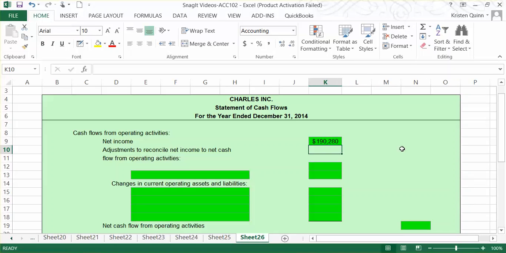They tell us in the additional information in letter C that there were no disposals of equipment during the year. That indicates to us that we can go to our comparative balance sheet and compare the accumulated depreciation from last year with the accumulated depreciation from this year in order to determine the depreciation expense that was recorded on the income statement.